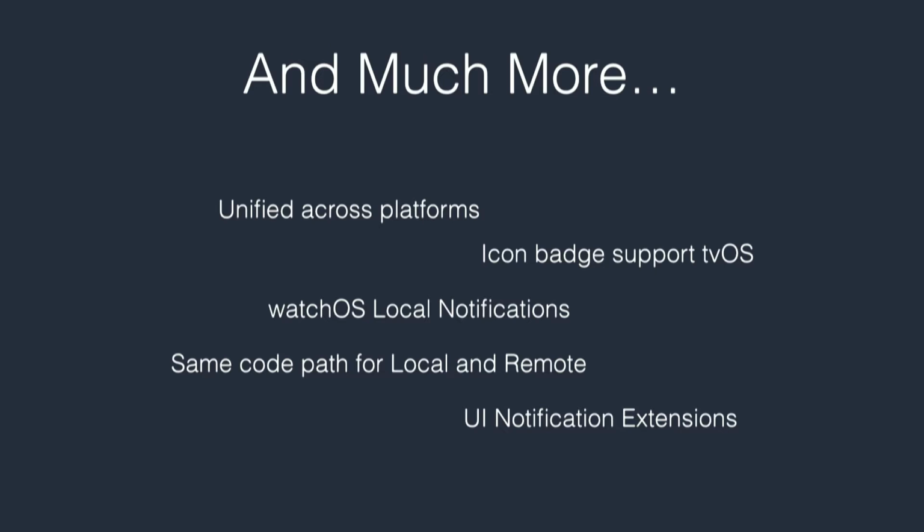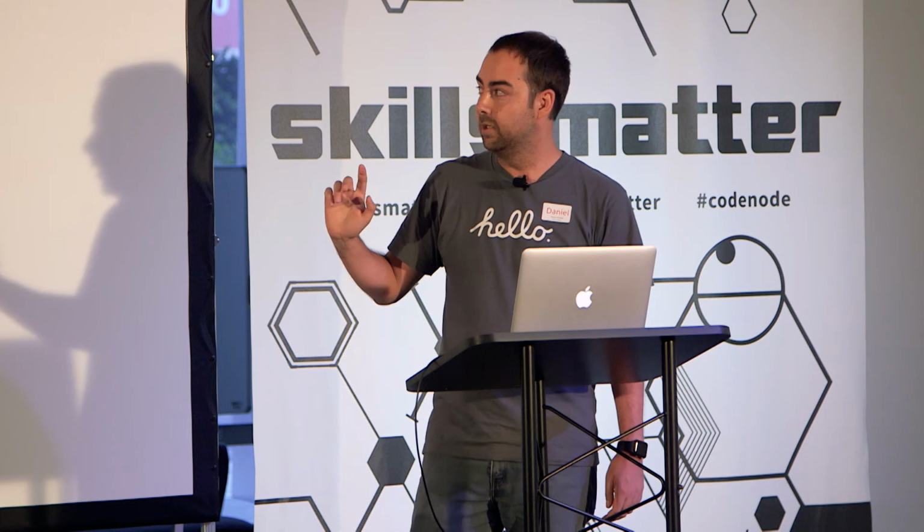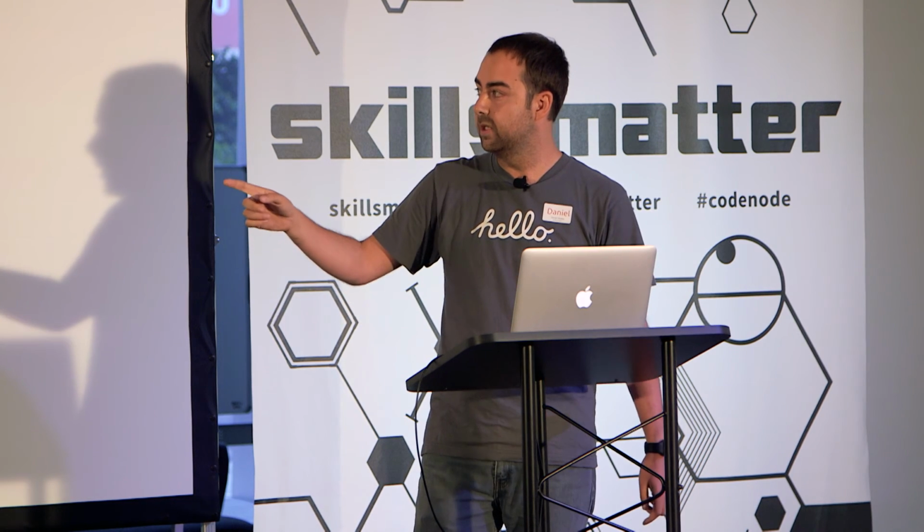There is so much more. These new APIs are unified across platforms. tvOS and watchOS use the same framework. You can now add badges to the tvOS icons. You can do local notifications in the watchOS apps, and both notifications come through the same code path, so you don't need to duplicate code for managing local or push notifications.